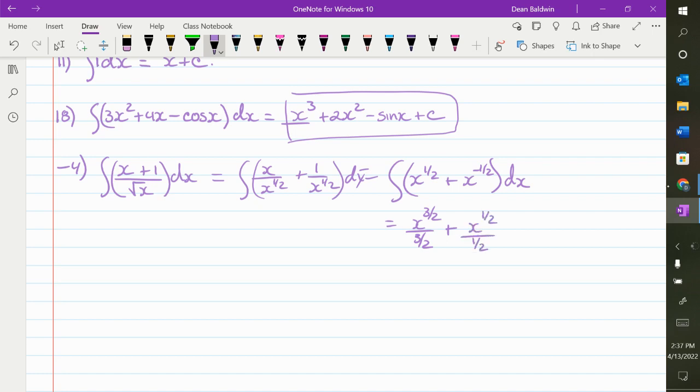Divide by 1/2. That looks gross. So what do we do with the denominators? Flip them up. So I get 2x to the 3/2 over 3 plus 2x to the 1/2 plus c. Because otherwise it just cancels. Not always.